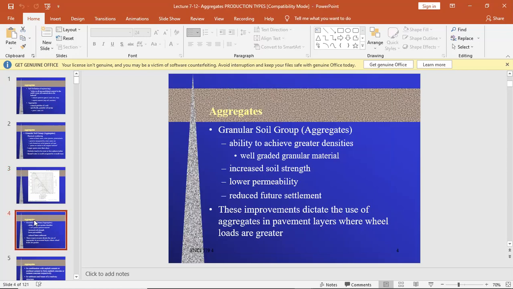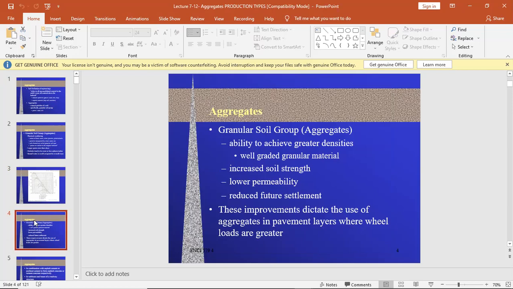As I was discussing, granular soil has the ability to achieve greater densities when it is well graded. Well graded means it has all the graded particles in their family.